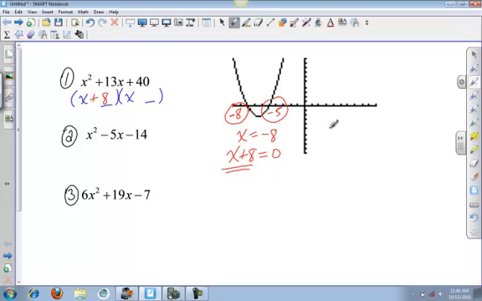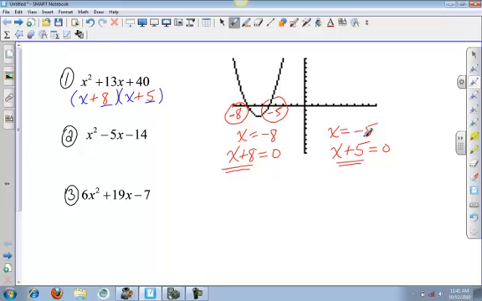Since the other x-intercept is at negative 5, x is equal to negative 5. Add 5 to both sides. x plus 5 is equal to 0. There's your other factor. You should always multiply your binomials back together just to double check to make sure that you do actually get 40 in the last term and 13x in the middle term.